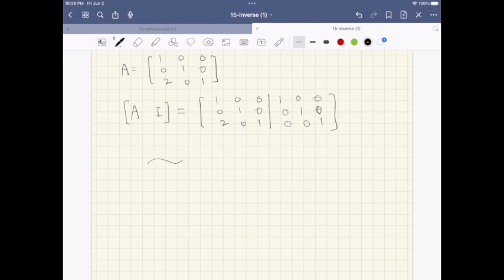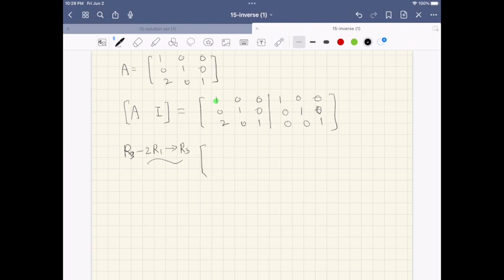Now we do EROs. If we look at the first column, this has to be a pivot. And we need to kill this by doing R3 minus twice R1, replacing R3.